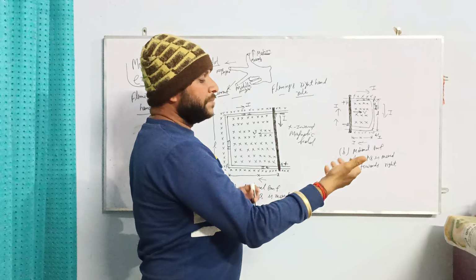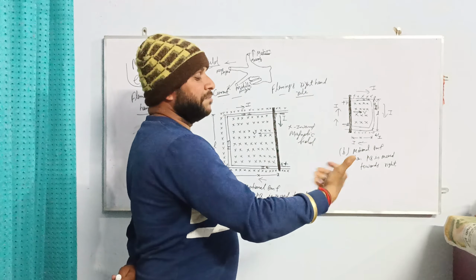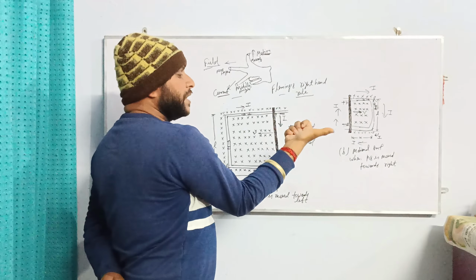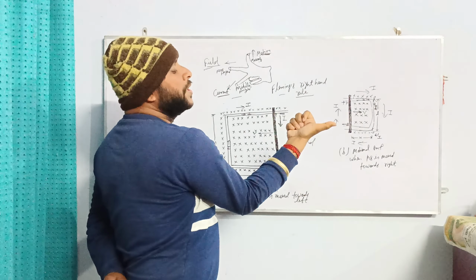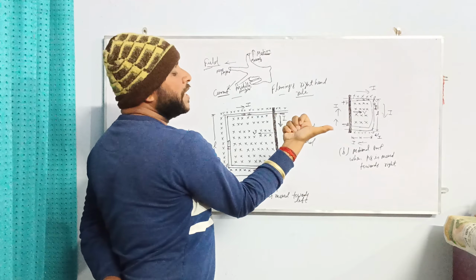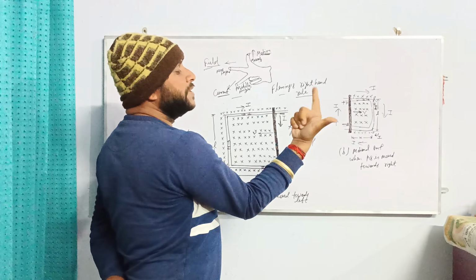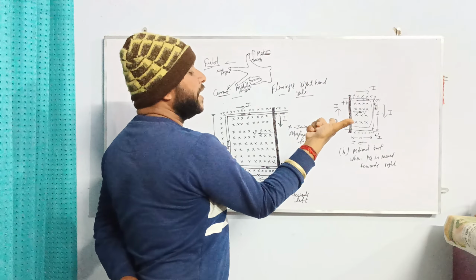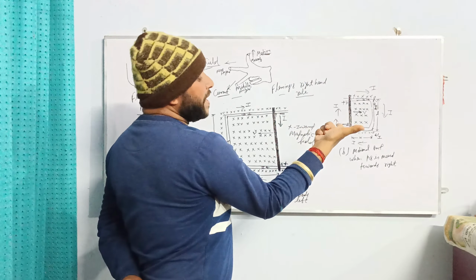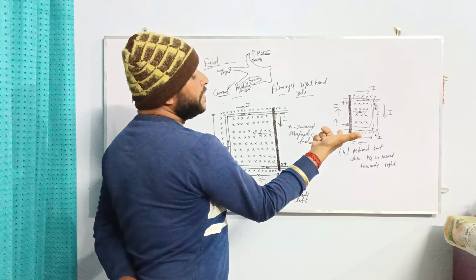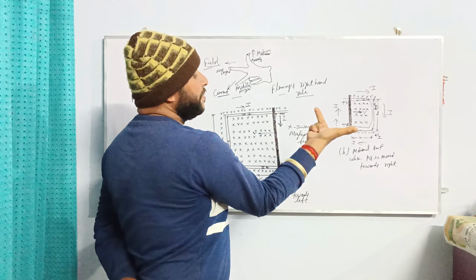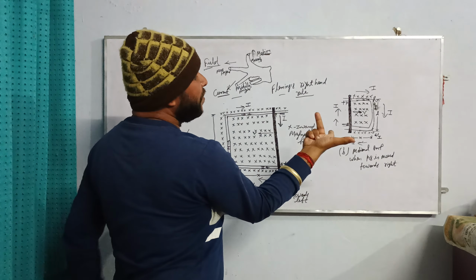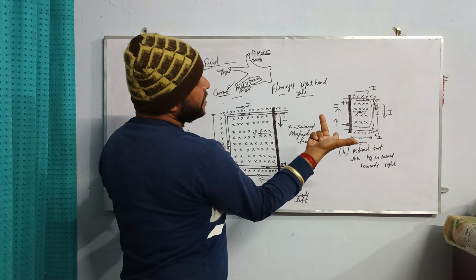My right hand thumb is in this direction, the direction of motion, force or velocity. And this is my forefinger, it represents the direction of the magnetic field, inward to the plane. Then my middle finger will represent the direction of the flowing current in the circuit.